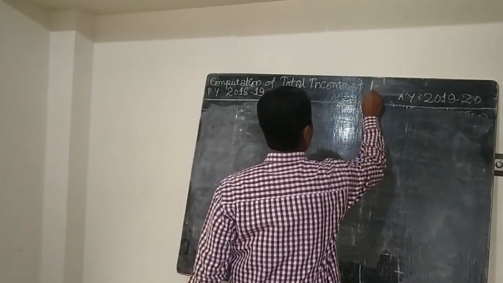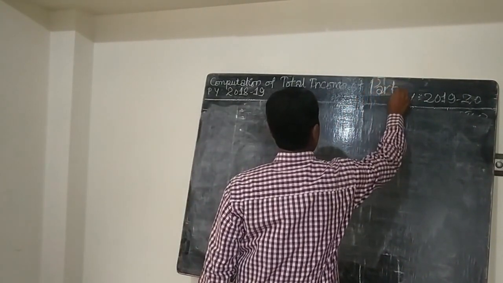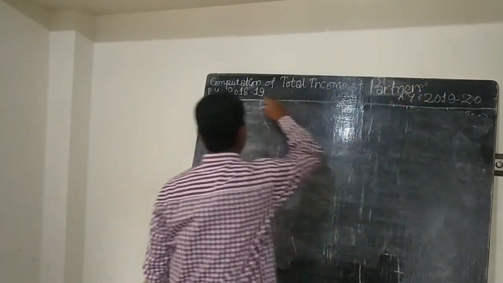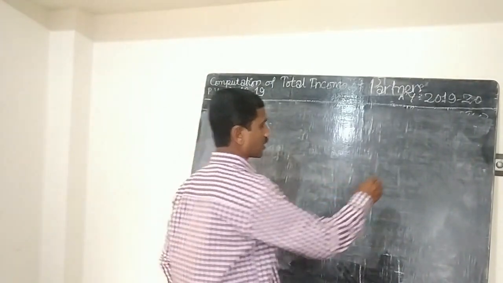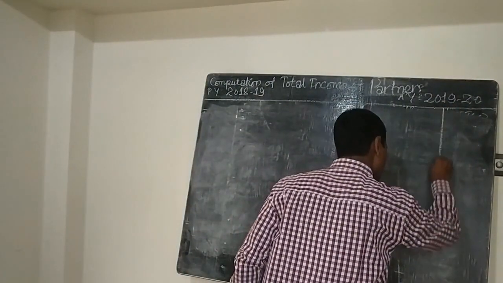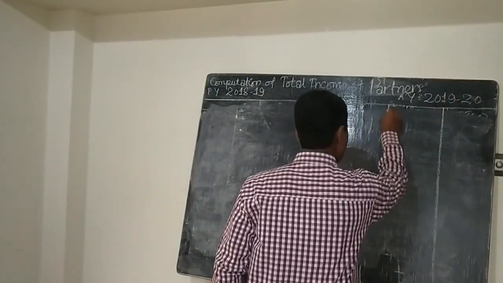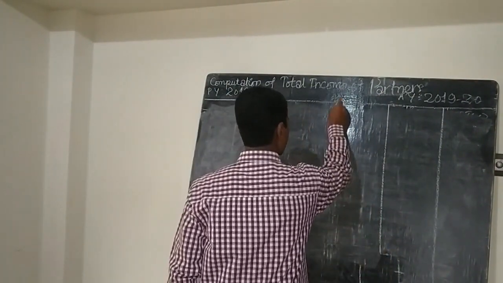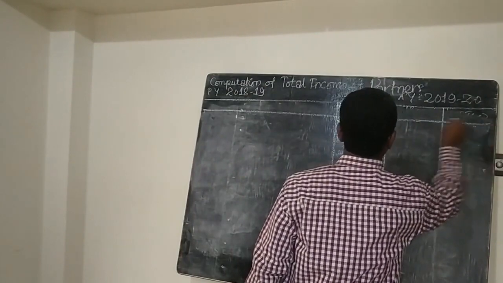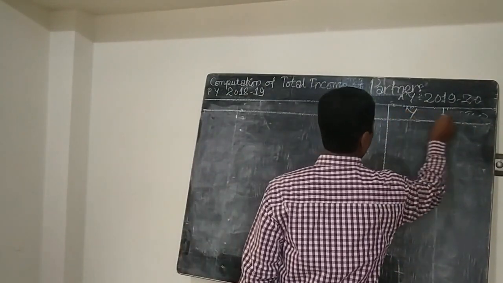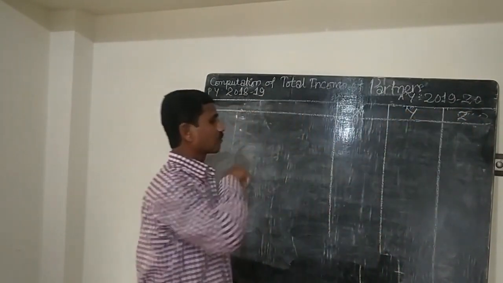So total income of partners here. So previous year 2018-19, assessment year 2019-20. So there are 3 partners, so I will make 3 columns here. So X, Y and Z.